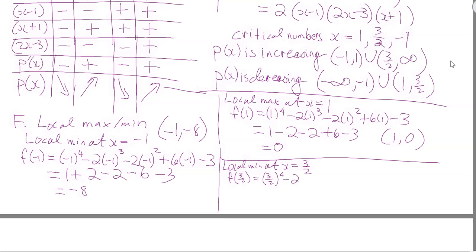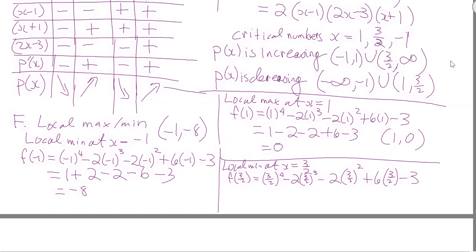3 halves to the 4th minus 2 times 3 halves cubed minus 2 times 3 halves squared, that's 6. All right. So our first denominator is going to be 16.